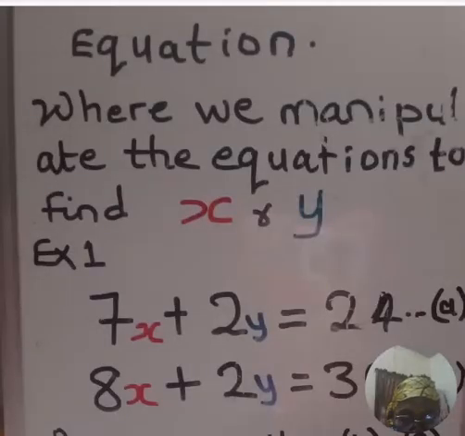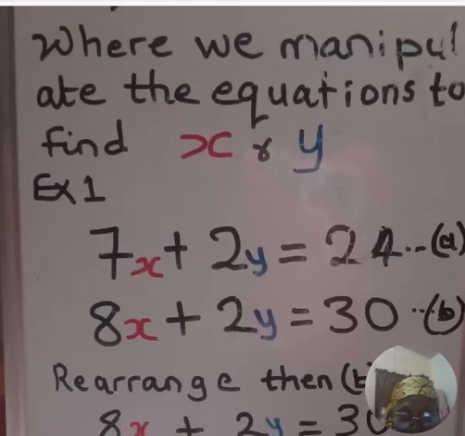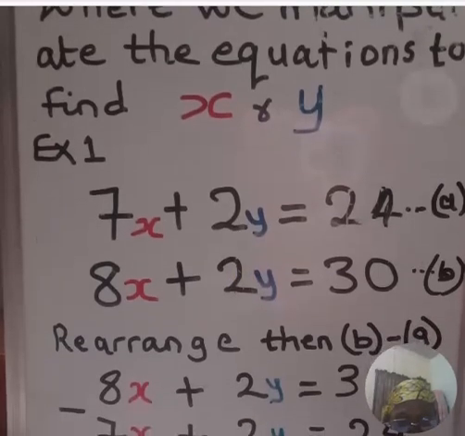So looking at these two equations, which one do you think can easily be eliminated? I think it's the y, because if we say 2y up here minus 2y, that's 0. So what we will do first is to rearrange this line of equations.